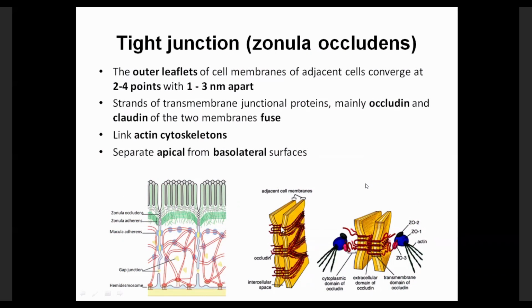At such points, the outer leaflet of the plasma membrane comes in contact at about 2 to 4 points, making them separated by only about 1 to 3 nanometers, with transmembrane proteins like this one. This is a tight junction.